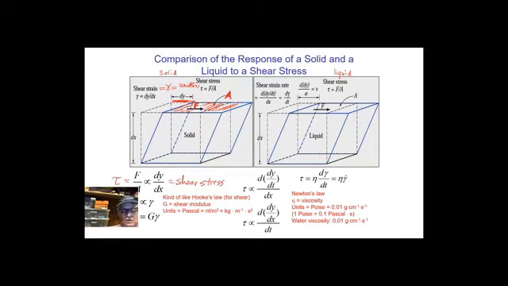So many different S's. It turns out that tau is proportional to gamma. Shear stress is proportional to strain.